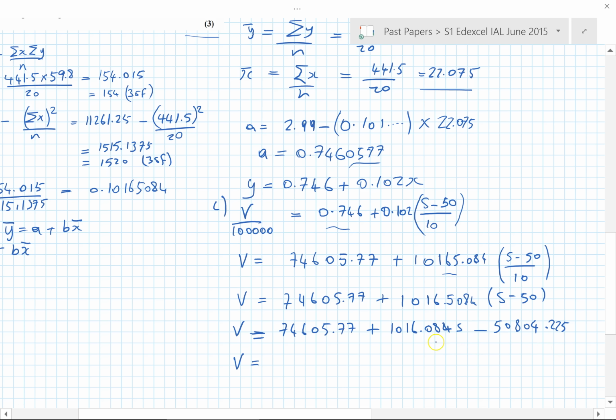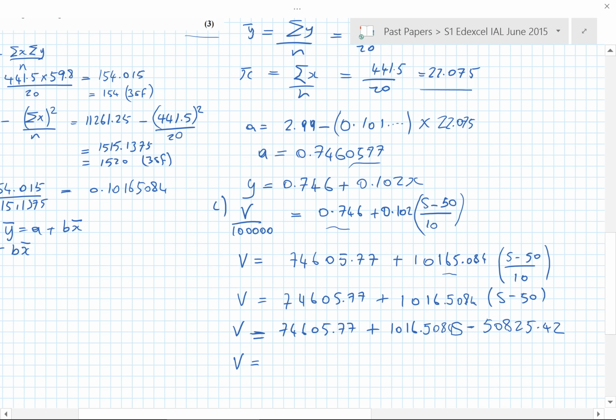So that makes that number below 1016.5084, and this number here is then therefore equal to 50 times that, which is 50825.42. And then combining the, oh, I've got an S there I need. It looks like a 5, but it's an S.